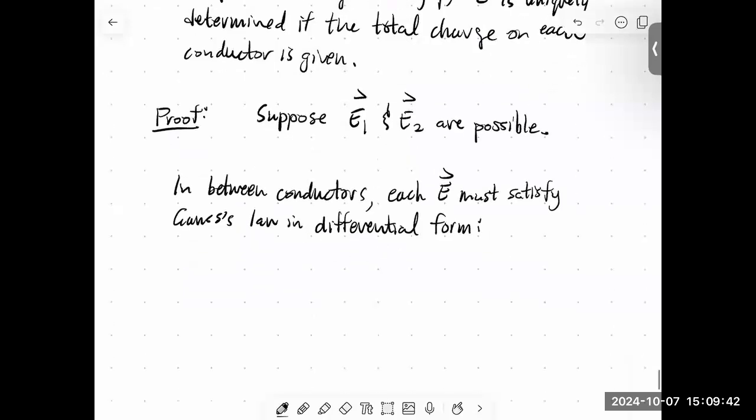Okay, so Gauss's law is the divergence of E is equal to rho over epsilon naught. And so this has to hold for E1 and E2.